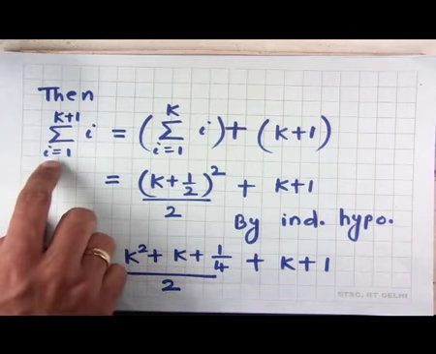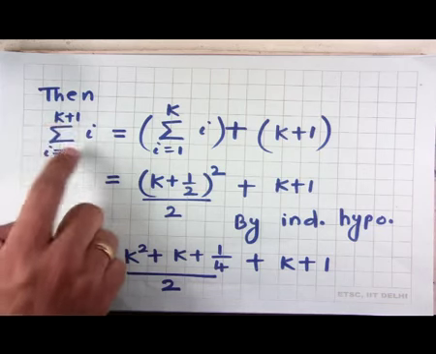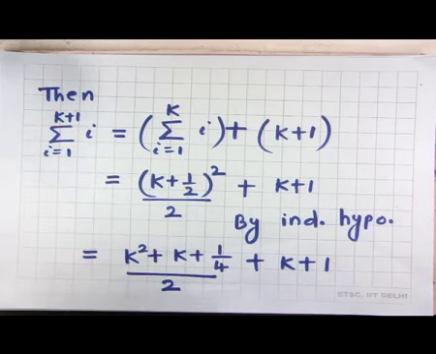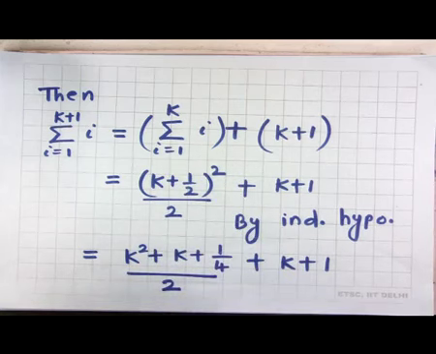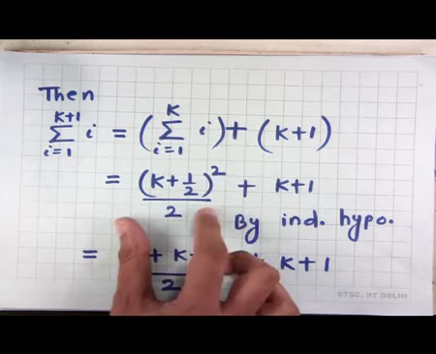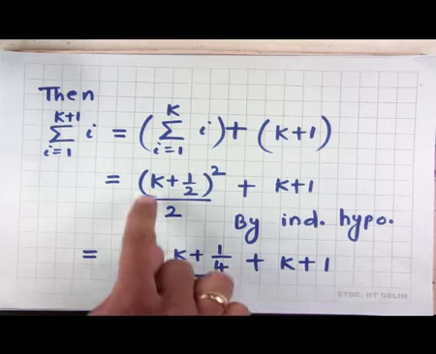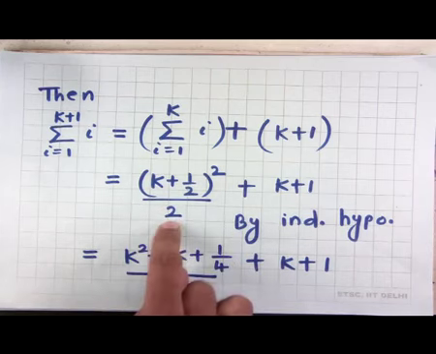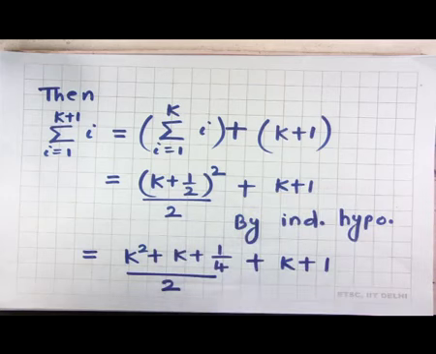We have the sum of the first k plus 1 positive integers on the left hand side, which I have split into 2. For the first summand I can apply the inductive hypothesis and get (k plus half) the whole square by 2, and the second summand is k plus 1.